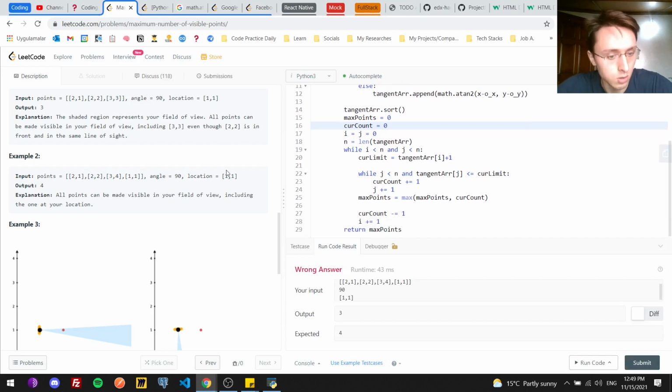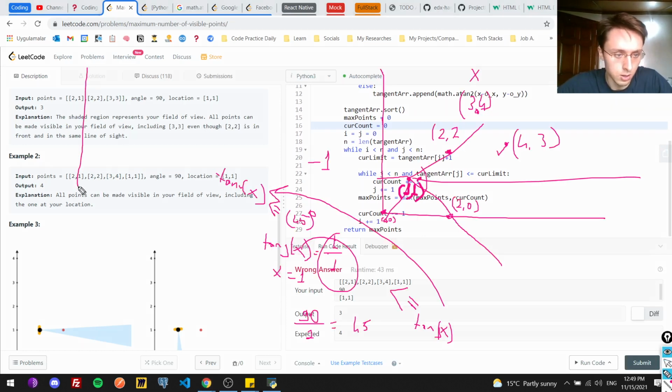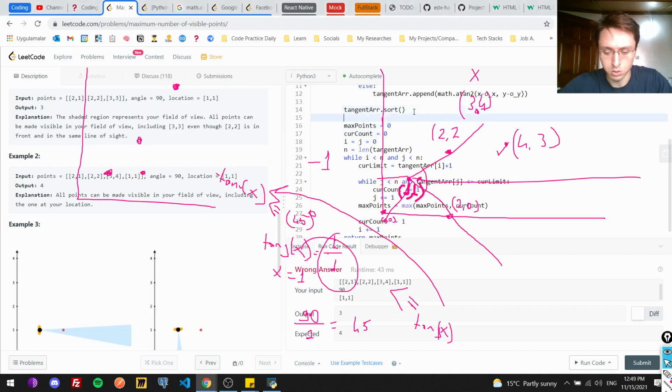It is expected to have 4. Okay, let's see. I'm at 1 1, 2 1, 2 2, 3 4, and 1 1. So now the important thing here would be to, let me just print the tangent array.